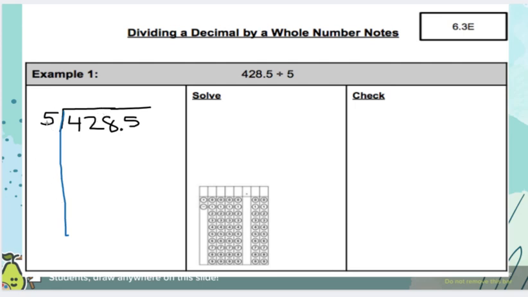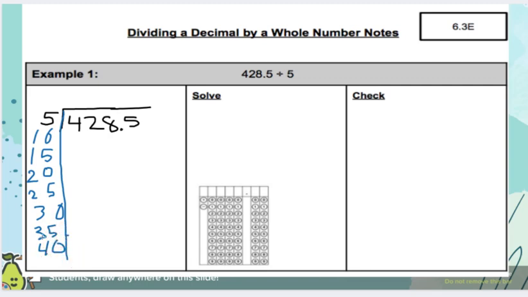So now, I'm going to do the first 5 multiples. So 5, 10, 15, 20, 25, 30, 35, and 40, okay?